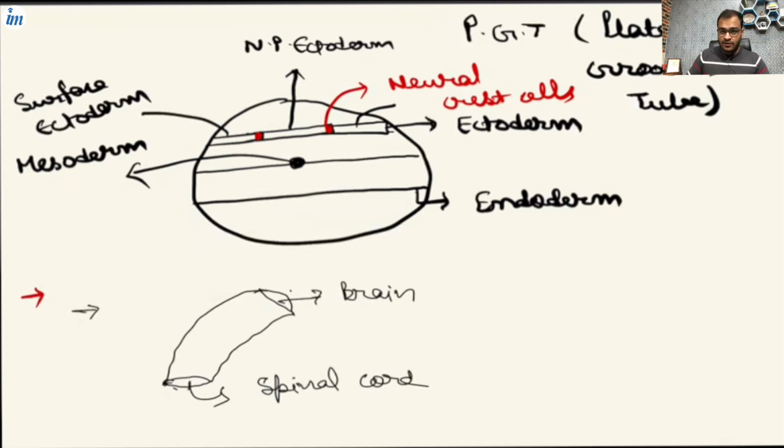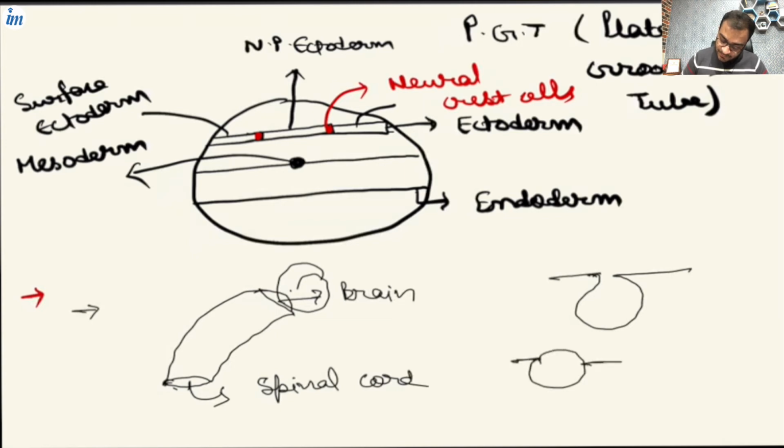When the ectoderm is formed, PGT, I told you the mnemonic: neural plate, then neural groove. The neural groove has to detach from the dorsum of the baby, and it forms the neural tube.